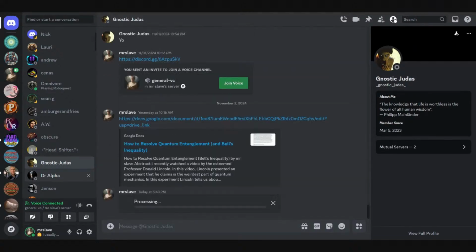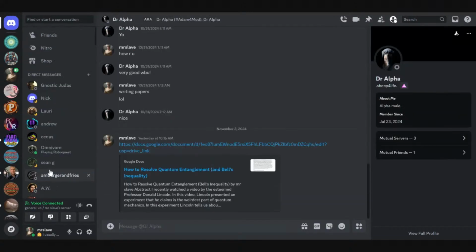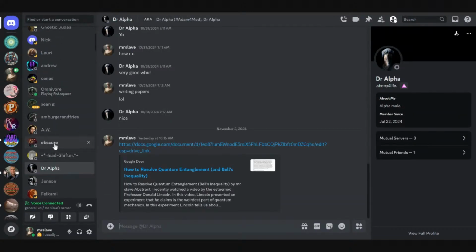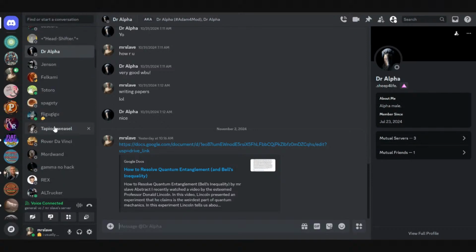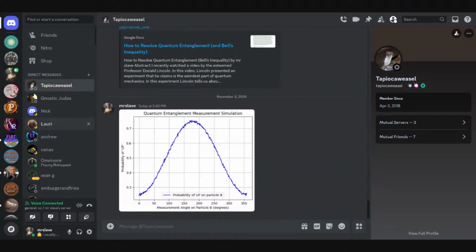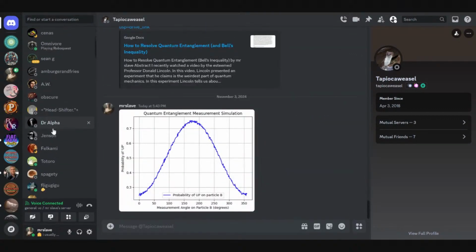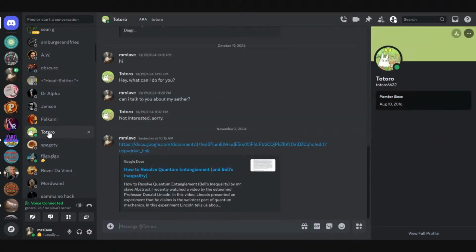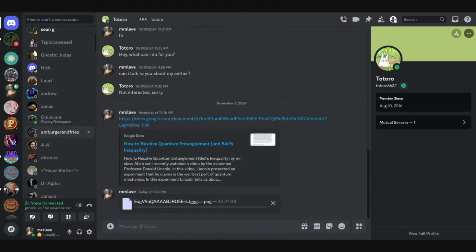Everybody gets one. Tapioca Weasel gets one. Totoro gets one.